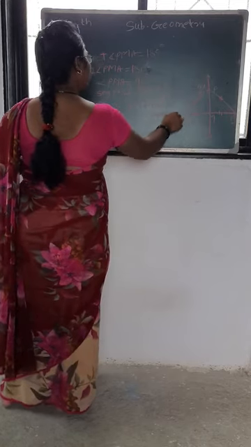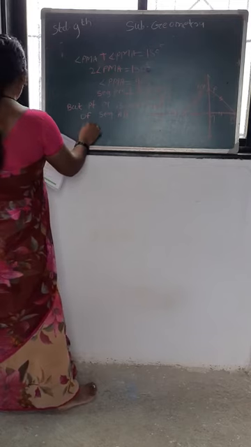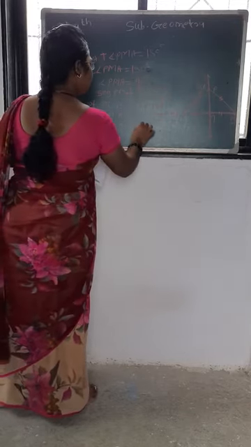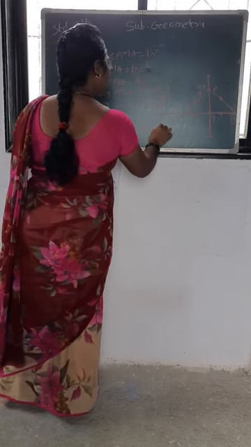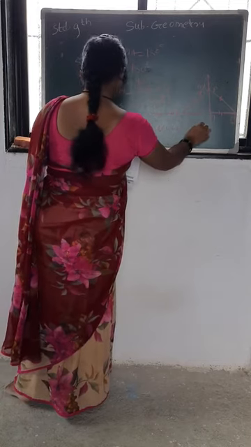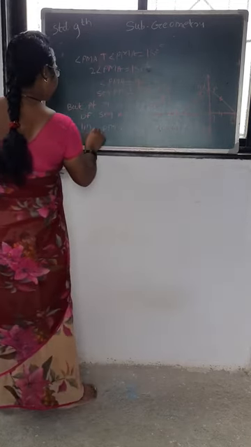Equation number 2. Therefore line PM is the perpendicular bisector of segment AB.